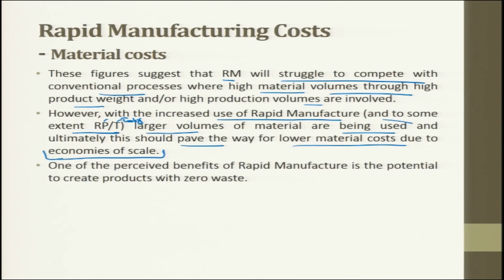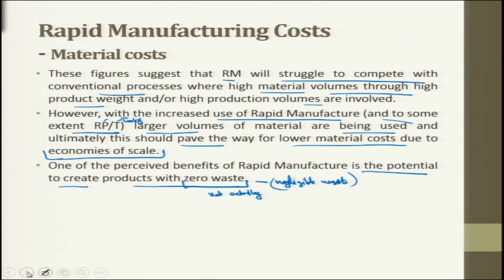One of the perceived benefits of rapid manufacture is the potential to create products with zero waste. This is not actually zero waste, it is negligible waste. Zero waste is never possible. There are always supports and some other things that are wasted.